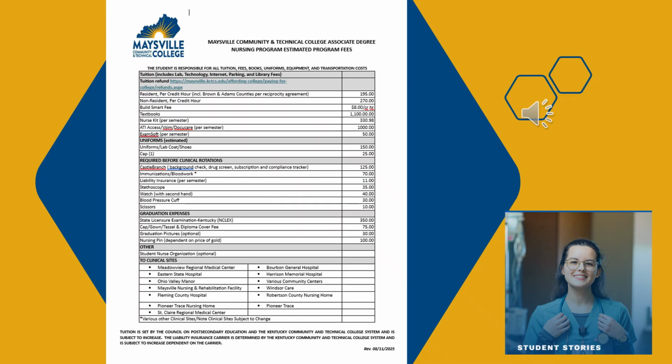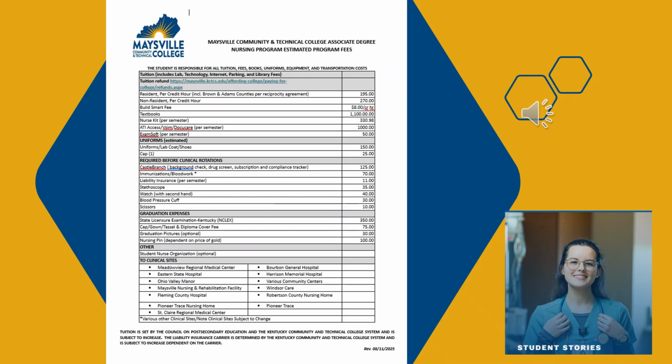So now we're going to go over some information that's in your packets. And this form that is on the screen currently is a form in your information packet called the Nursing Program Estimated Program Fees. Basically, I want you to be aware that there is a chance that these could change, obviously, if the course credit charge goes up, anything like that.